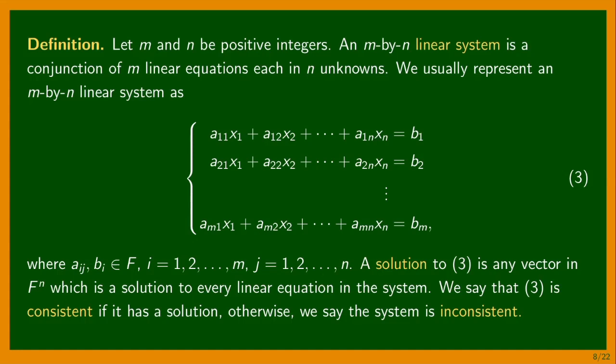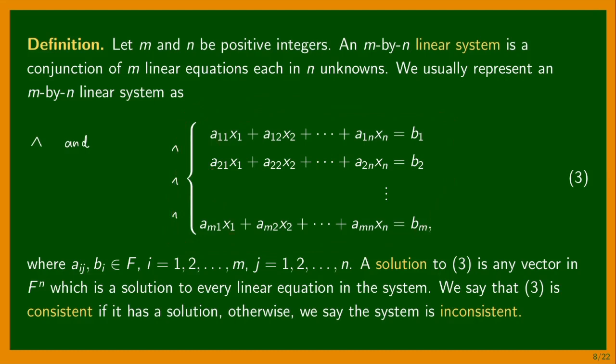A conjunction is a compound statement or proposition which is connected by the connective "and". So when we write equations this way, this is a compound statement connected by "and". Therefore, in order for this system to be true, each of these equations must be satisfied or must be true.